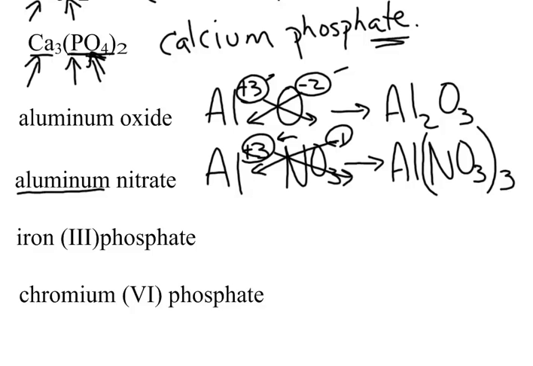Based on what I said, for every aluminum giving up 3 electrons, each nitrate accepts 1 electron, so we need 3 nitrates. That's what the 3 on the outside of the brackets represents. It multiplies everything inside, which is significantly different. Right now we've got 1 aluminum, 3 nitrogens, and 9 oxygens, which makes a lot more sense.